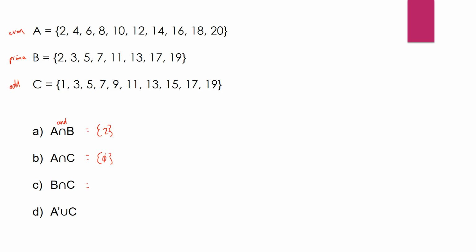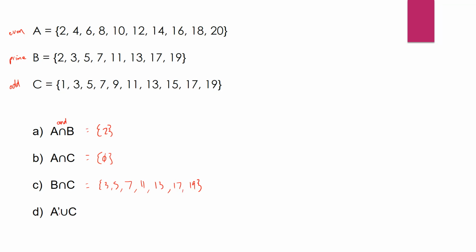What about B and C then? So I can see that 3 is in both. I can see 5 is in both. 7, 11, 13, 17, and 19.